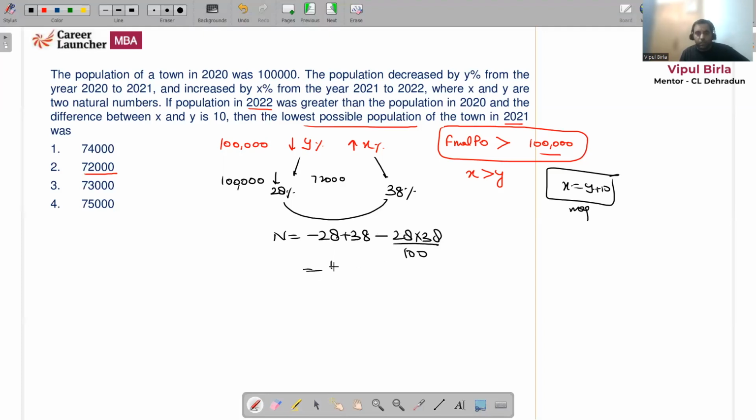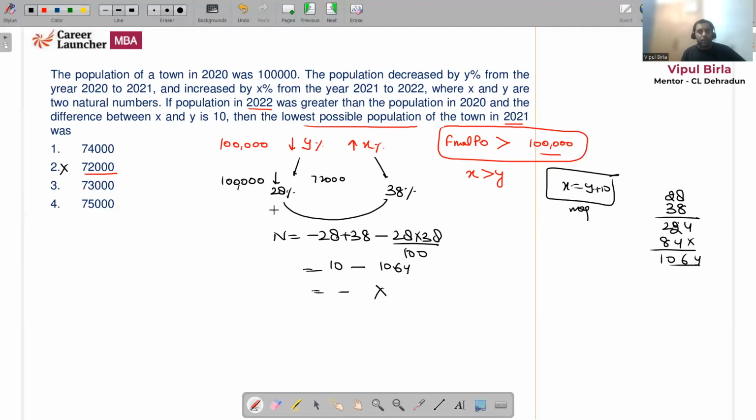It's coming out to be 10 minus 28 into 38, which is 1064, upon 100, which is 10.64, so the net change is negative. Hence it will not work. Therefore, 72,000 is not a possible value.